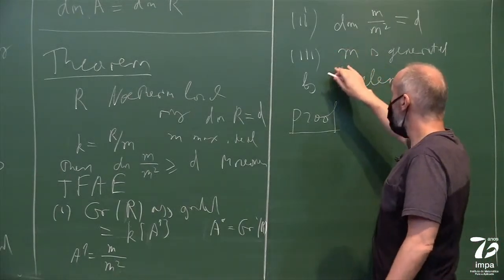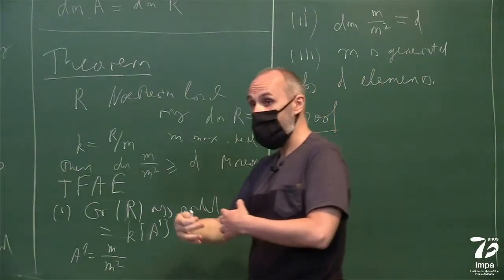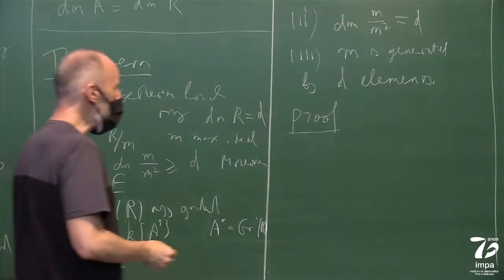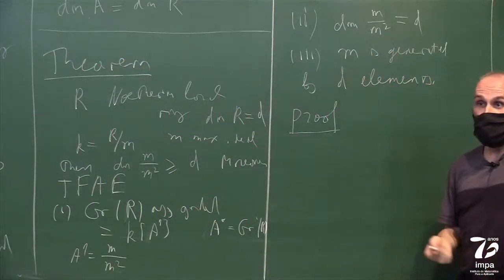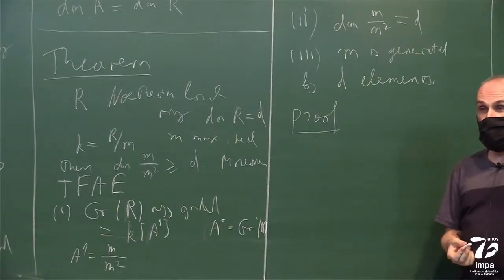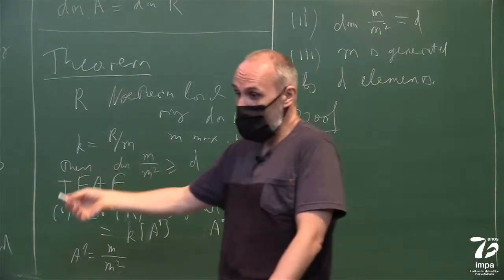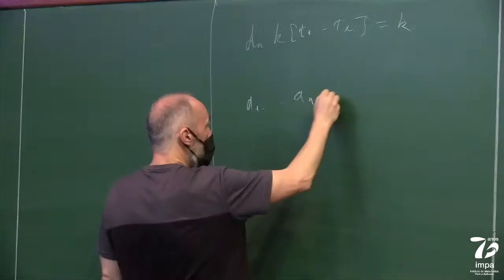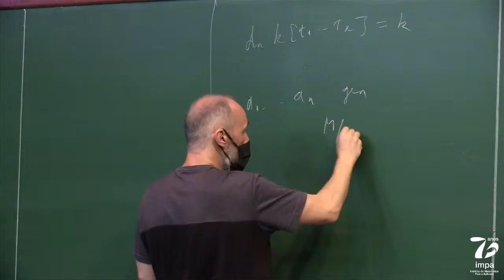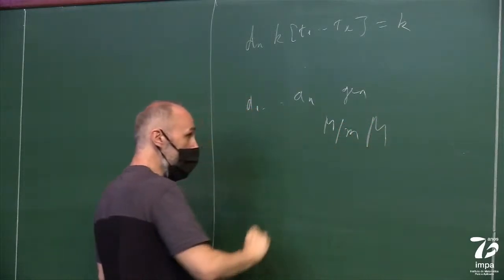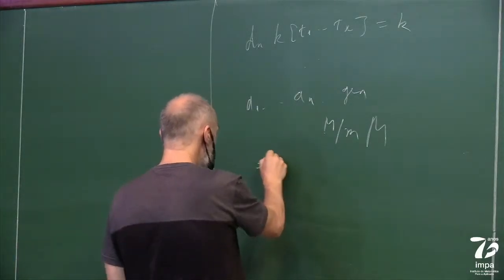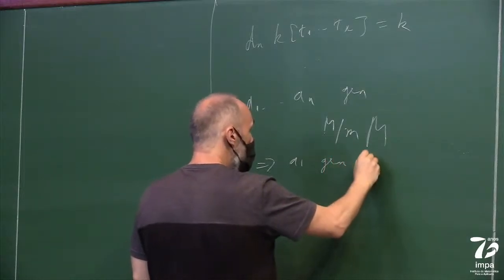Now the second implies the third. This is because if you have any set of generators which generate m modulo m squared, they generate m. This is Nakayama's lemma. If a1, ..., an generate M modulo mM, where m is the maximal ideal of a local ring and M is any finitely generated module, then the ai generate M. This is Nakayama.